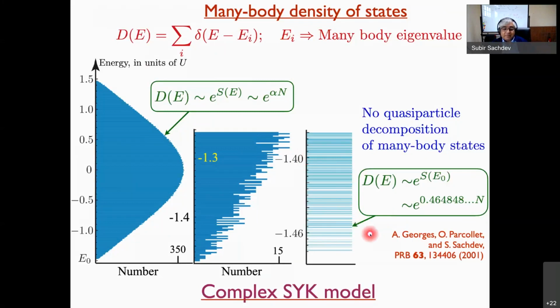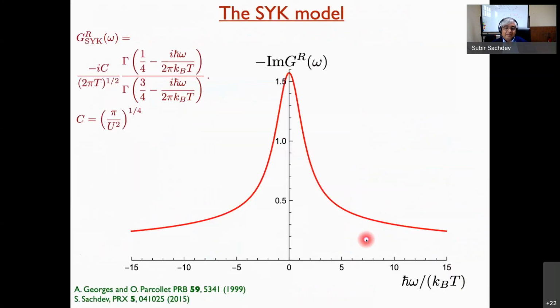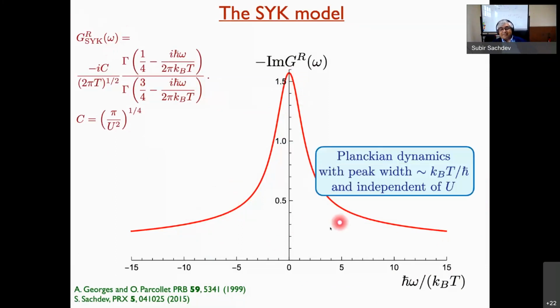Okay, so I won't go into the details of how this is obtained. I'll have a little bit of technical discussion in a few minutes. Among other things you can compute is also the spectral function, the imaginary part of the Green's function, if you were to do a tunneling experiment on this model. And what you find is that the Green's function has a singularity at the Fermi level. It's actually a 1 over square root of omega singularity at zero temperature. At finite temperature, it becomes smooth, but the scale on which it becomes smooth is independent of the strength of the interactions.